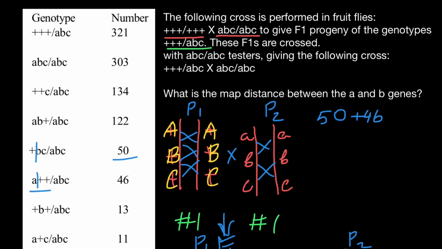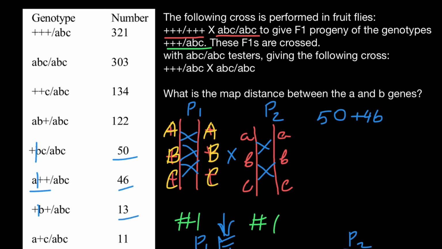And here also a recombination happened between gene A and B, but also it happened between gene B and C. But we are not interested in recombination between gene B and C. We're only interested in recombination between A and B. But still, this is the same frequency.